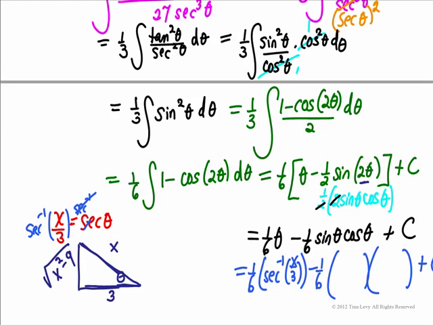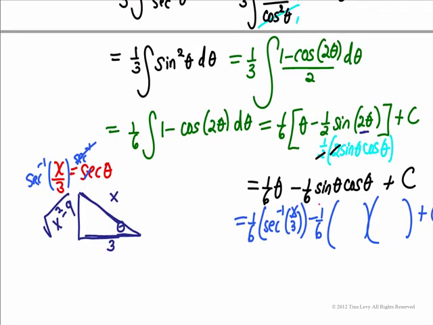Now we look to the triangle and we see sine of theta, which will be opposite over adjacent, so it's square root of x squared minus 9. I'm sorry, opposite over hypotenuse, not adjacent. And cosine, which is adjacent over hypotenuse, which is 3 over x.